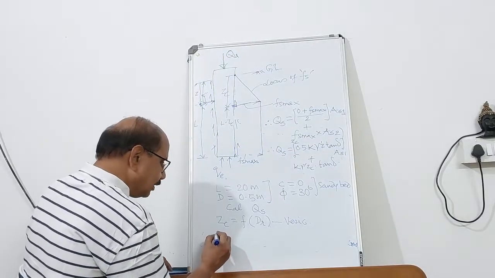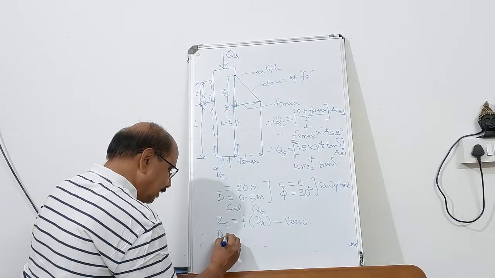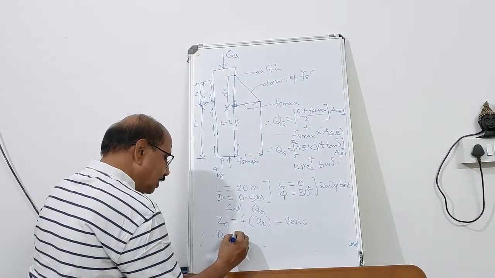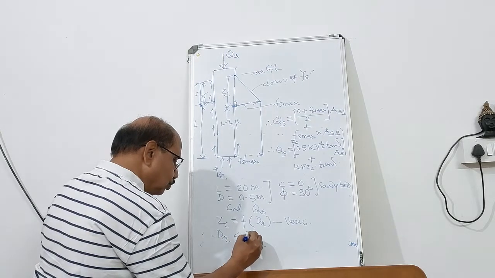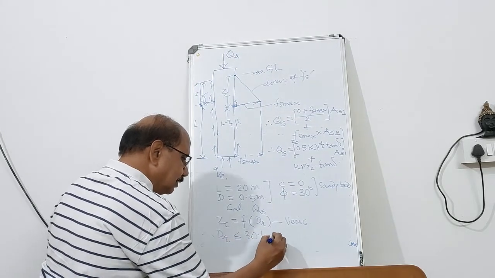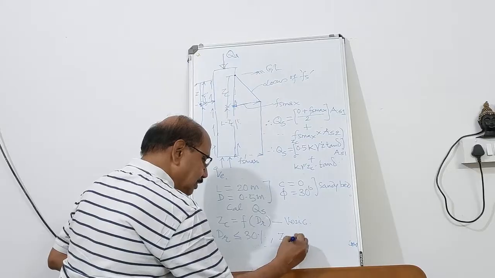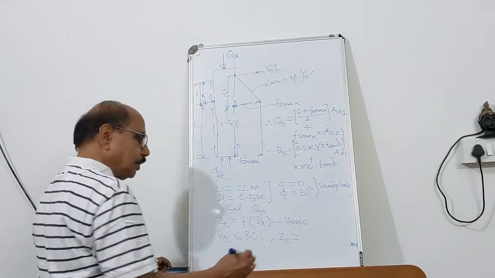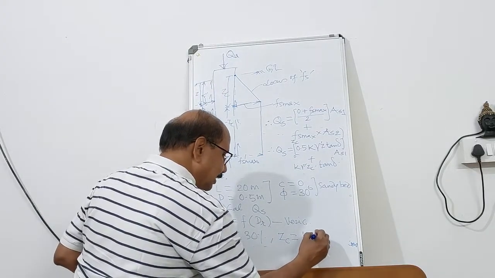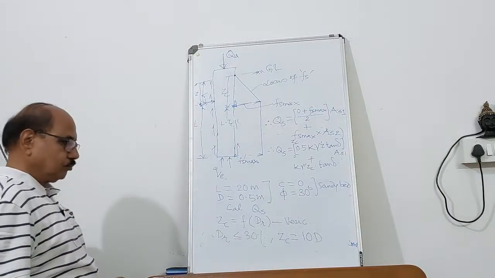So if relative density is less than or equal to 30%, this is loose ground, the critical depth equals 10 times the pile diameter.